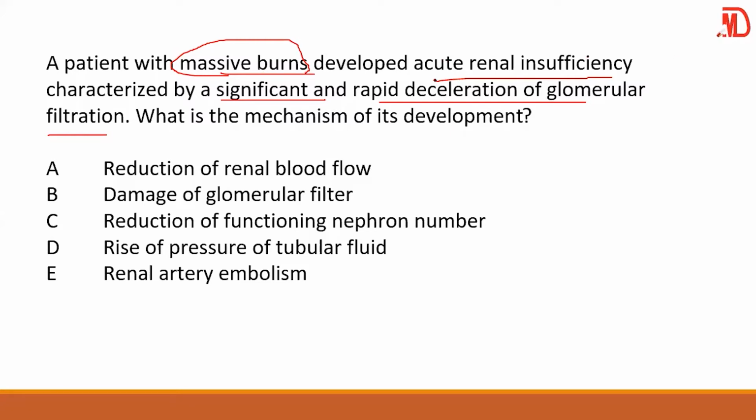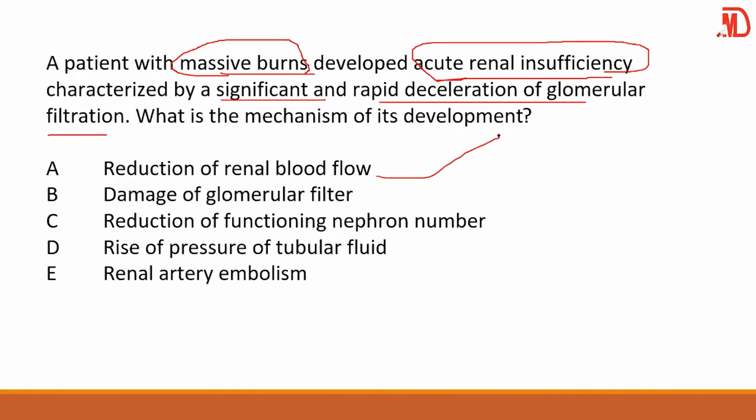As a result, there's acute renal insufficiency. That means due to the decrease in the volume of blood, or perhaps the fluid in the body, it is leading to kidney failure. And again, they are saying there's decreased glomerular filtration rate. What it means is that there's a reduction of renal blood flow.